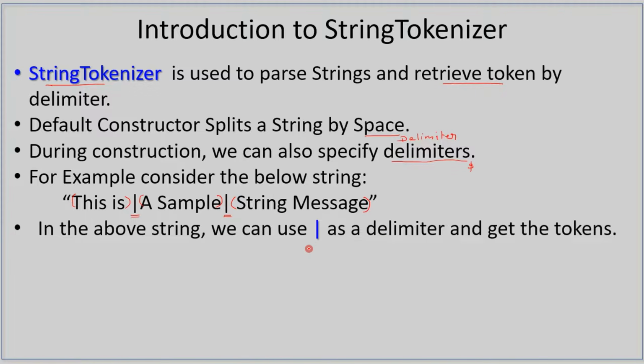In the above string, we can use pipe as a delimiter and get the tokens. So here are the tokens. But when you use space as a delimiter, then you will be getting a word from the string. So one or more words will be split because you are using space as the delimiter.